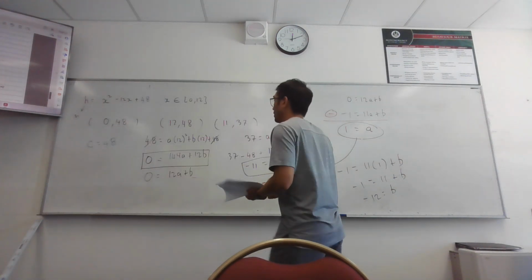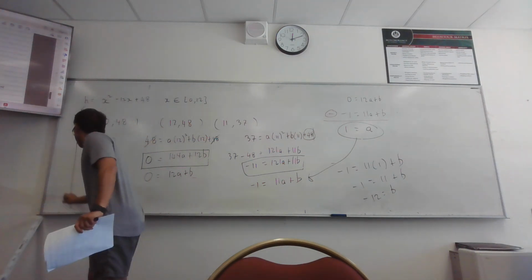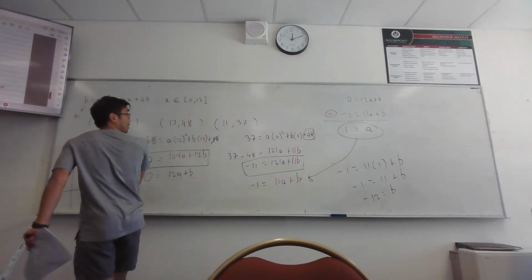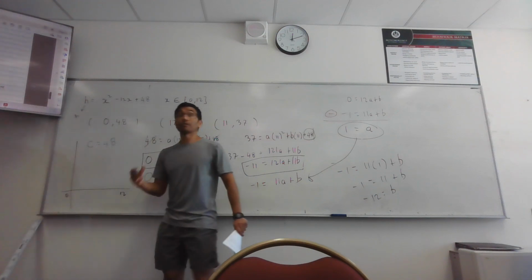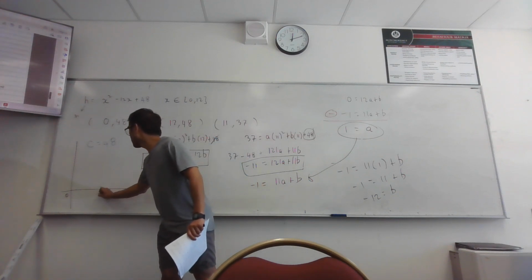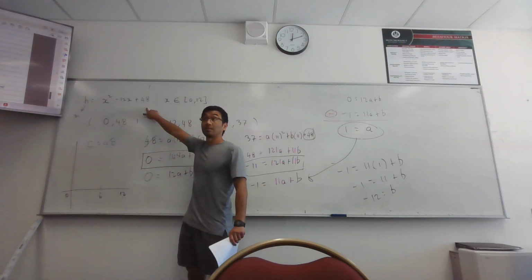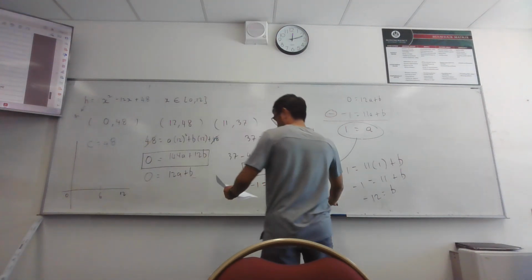Okay. Let's graph it here. I have a quadratic between 0 and 12. Therefore, we're looking for 6. We're going to put 6 into here. What is this?